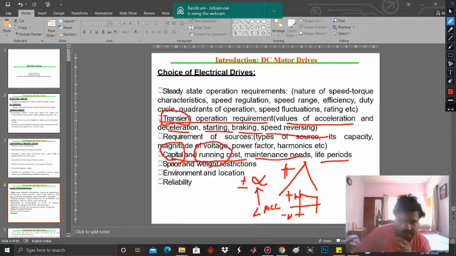These two things are very important, because when you are setting up your plant, first you have to do a plan, and with the plan you have to do a cost analysis, and after the cost analysis you determine what will be your capital cost and what will be your running cost, and again your maintenance cost is there. So these costs you have to calculate.